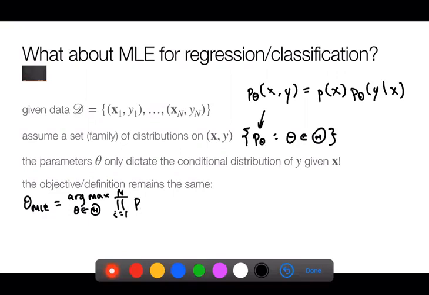But P theta of XY, we already said that it factorizes according to P of Xi and then P theta of Yi given Xi. This is the way that things factorize. So this is what my product of probabilities looks like.